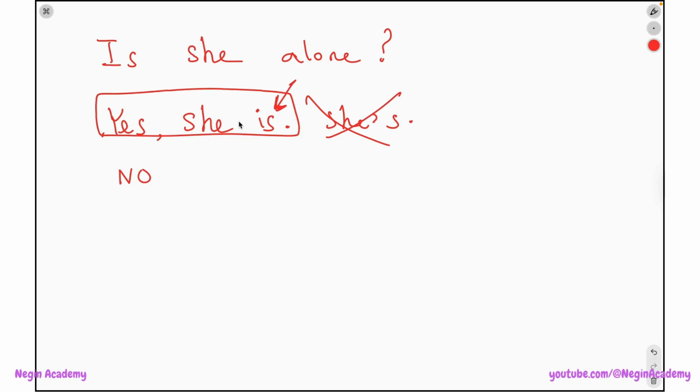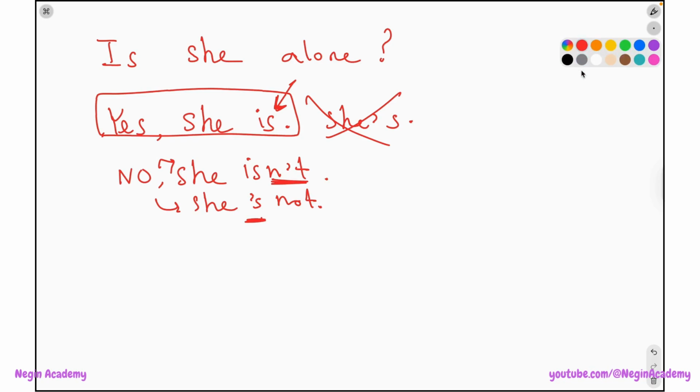But whenever you want to say no, you could say no, she isn't. Or we have two options if you can remember, no, she's not. Two options. You can contract not, or you could contract the to be. Understood?